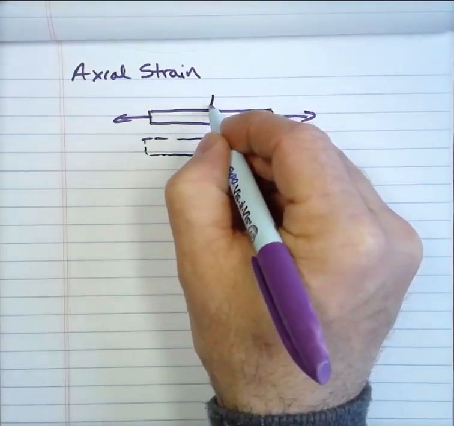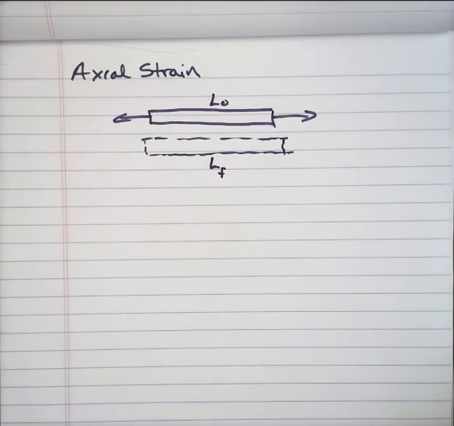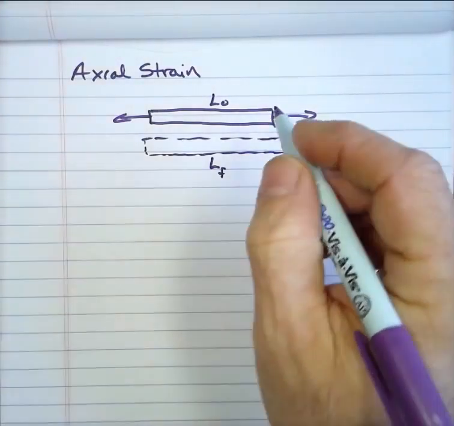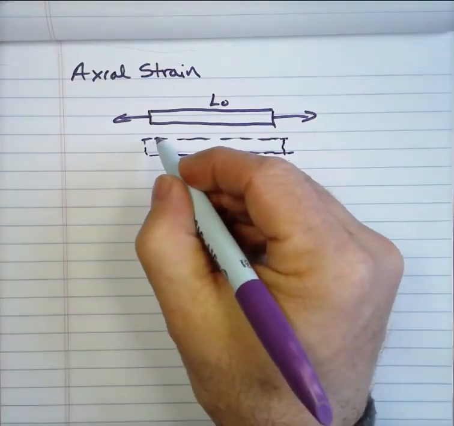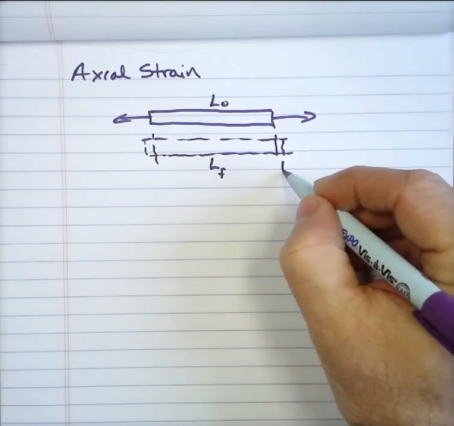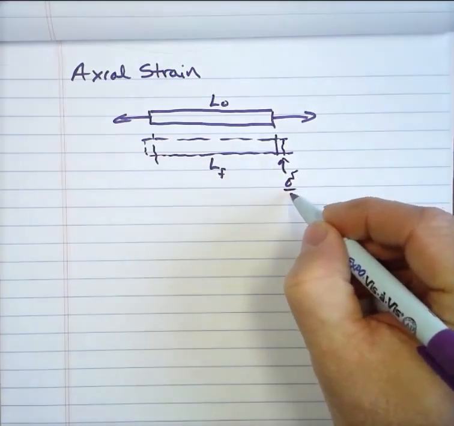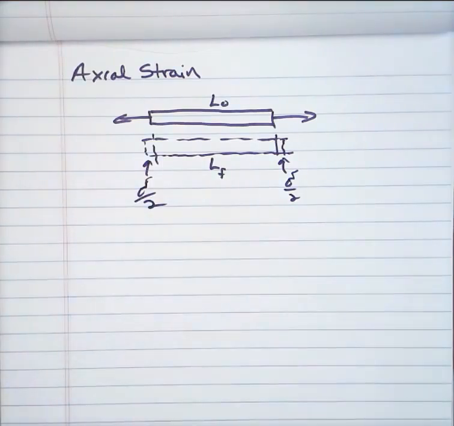If we call this the original length and we call this the final length, if you applied a load to something that was free to move in both directions, it would increase by a length of delta. So we would actually see delta over 2 on both ends.